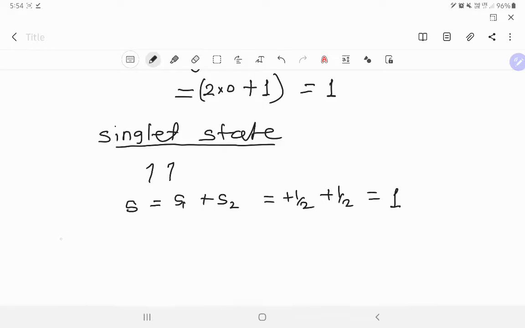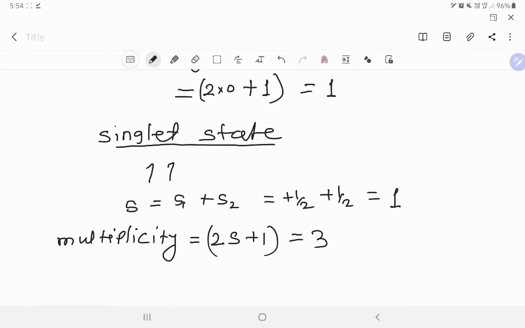And in that case, multiplicity is equal to 2S plus 1, which is equal to 3.